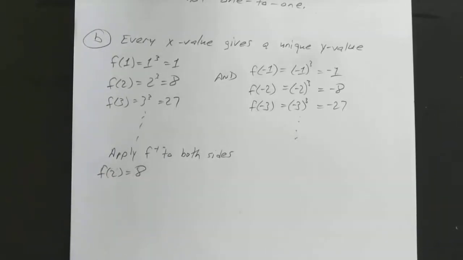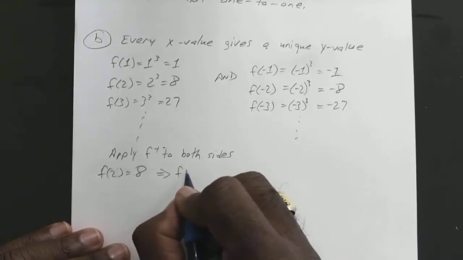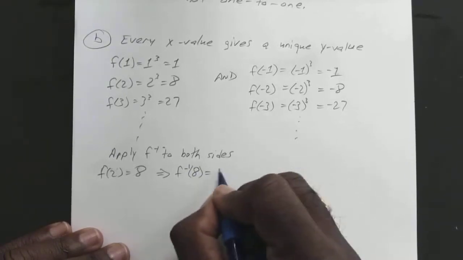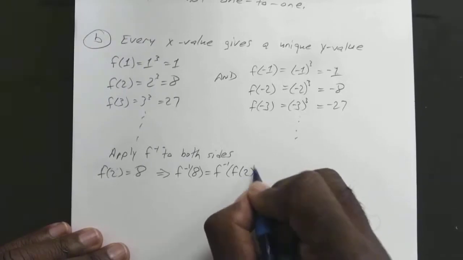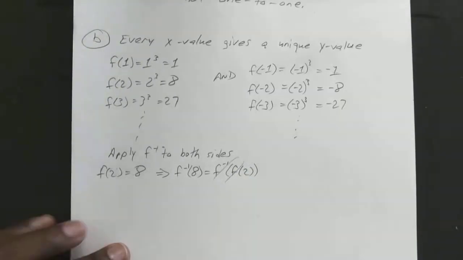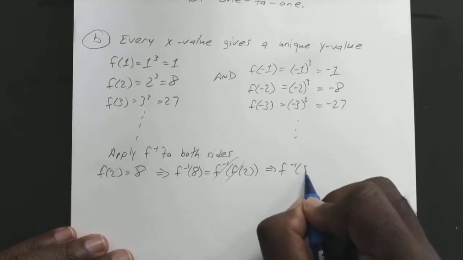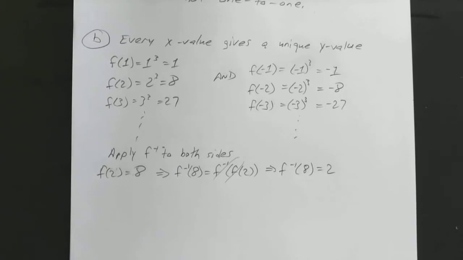If we apply f inverse to both sides, the function and the inverse cancel out. So you have f inverse of 8 equals f inverse of f of 2. And those two just cancel each other out. It disappears. So we know we have f inverse of 8 equals 2.